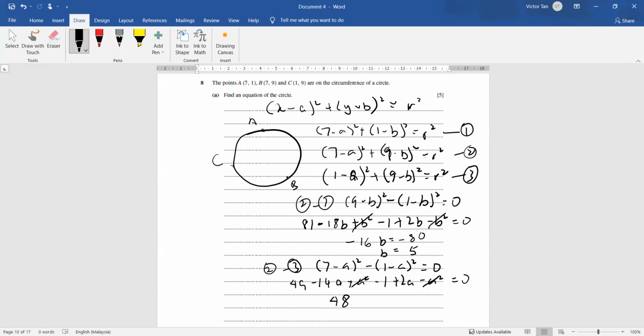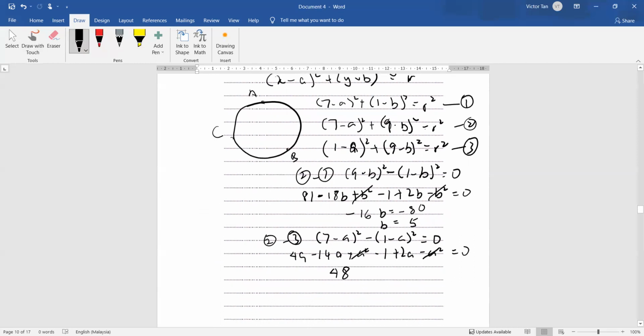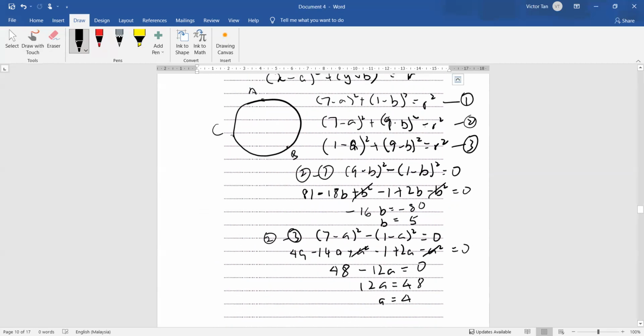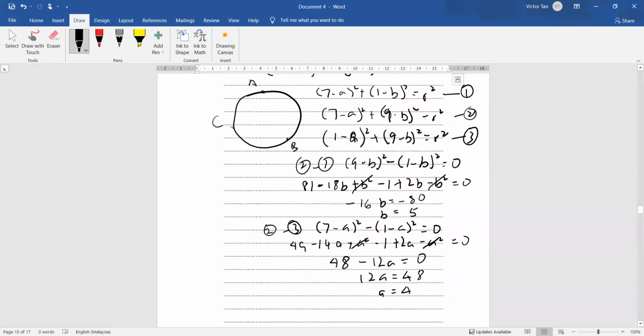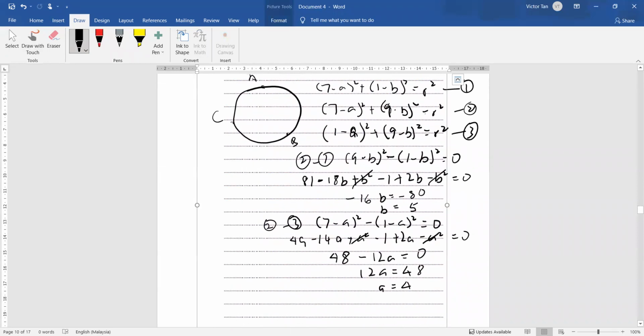Sometimes if you move along, you will notice some mistakes. So this is minus 12a equals 0. 12a equals 48. A is also equal to 4. So by substituting the values of a and b into equation 1, you get 7 minus 4 squared plus 1 minus 5 squared equals r squared.